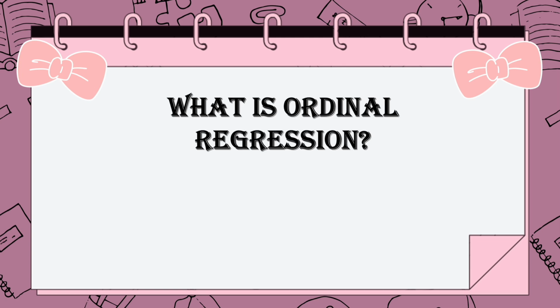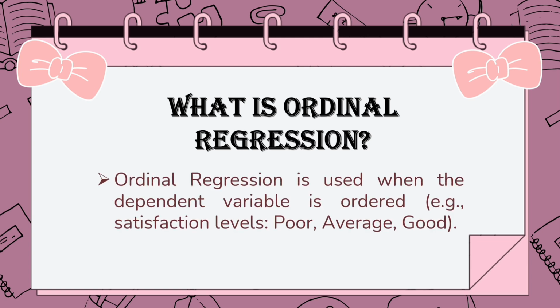So, what is ordinal regression? Ordinal regression is used when the dependent variable is ordered. In statistics, ordinal regression, also called ordinal classification, is a type of regression analysis used for predicting an ordinal variable.